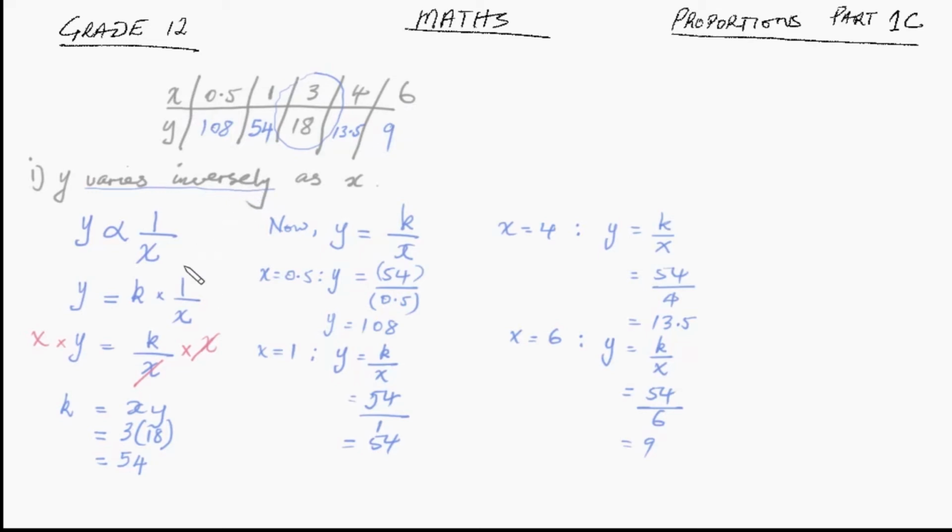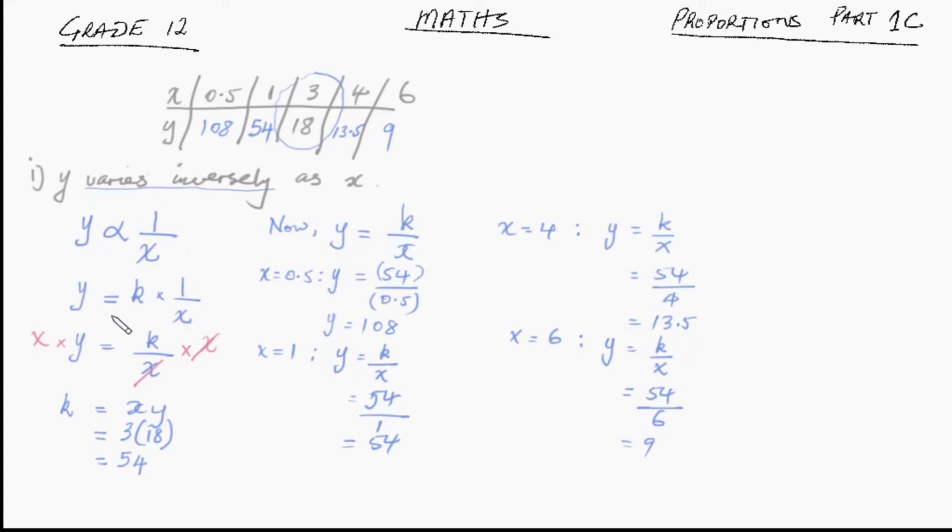Now you need to understand that when they say varies inversely, that is what will trigger your starting point. We know that y varies inversely as x should be symbolically written this way. Now from here we need to have an equation.